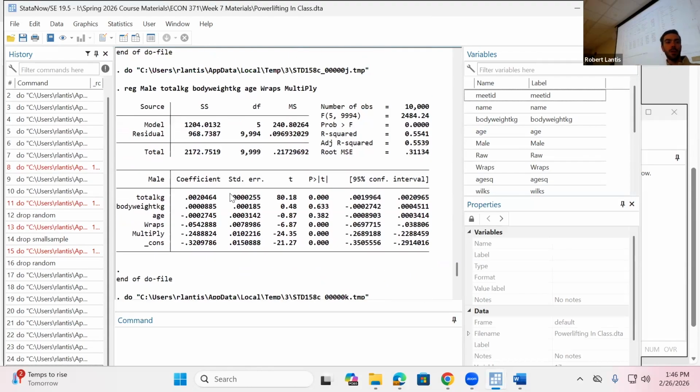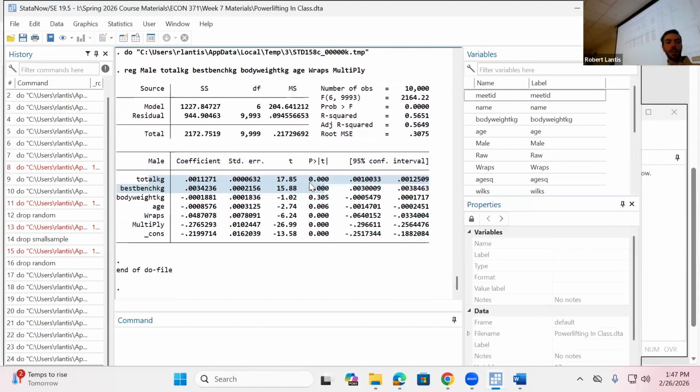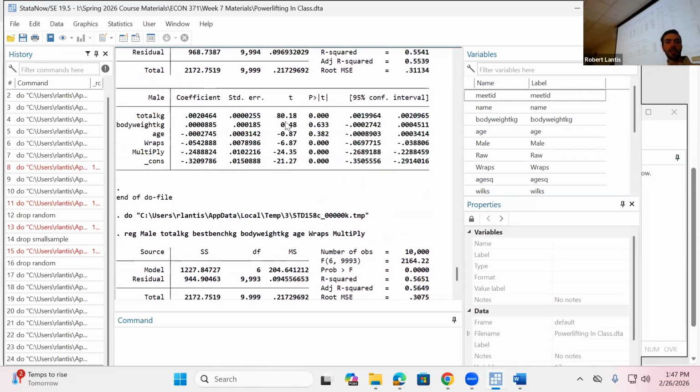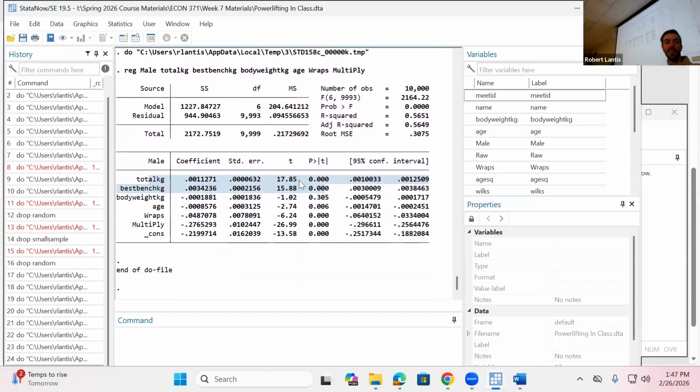So in fact, when I only included total weight lifted, I had this p-value of 0. Now that total weight lifted, it's still 0, but notice what happened to the test statistic. It went from 80 to about 18. So even though it looks like the statistical significance didn't change, it went down by quite a bit, right? At our conventional levels, it didn't change, but going from a test statistic of 80 to 17, it's a pretty dramatic drop off.